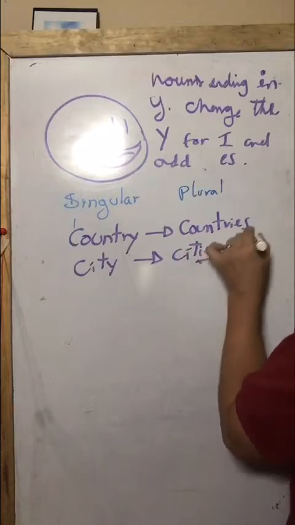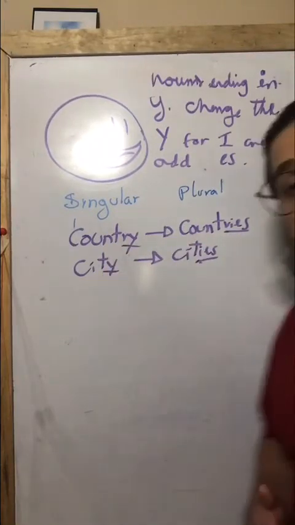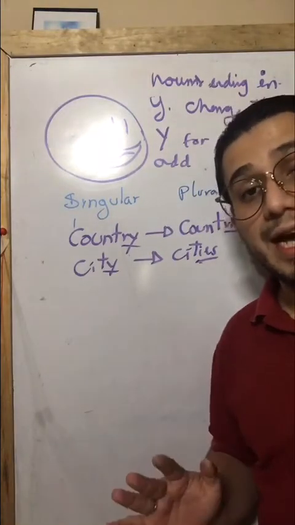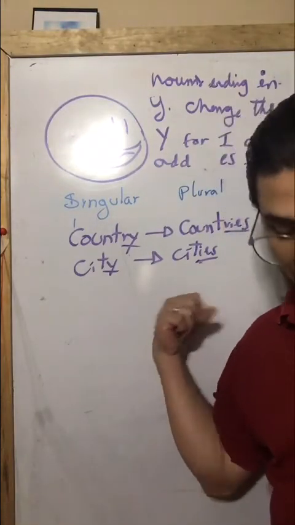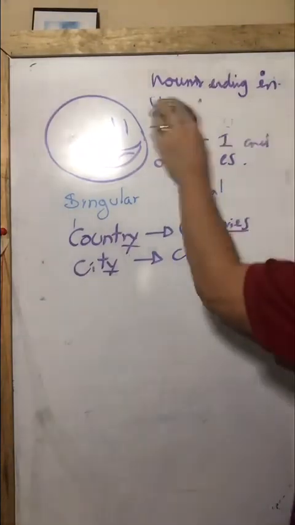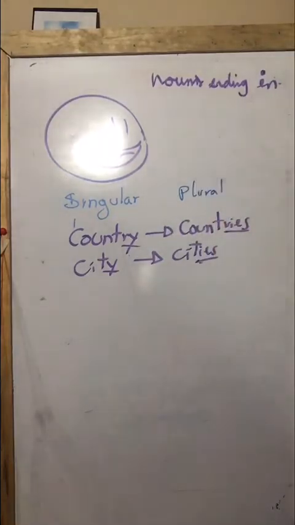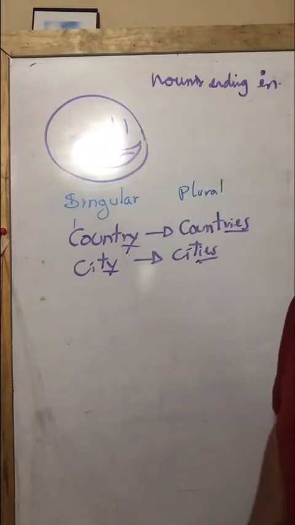So as you can see, it's very basic: you're changing the ending of the word, changing the Y for an I and then adding ES at the end of the word. Okay, let's make the other example. Remember that you should be copying all of this, and if you haven't copied by the time I finish, you can always stop the video or rewind it.